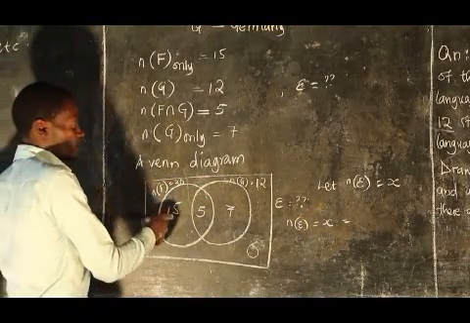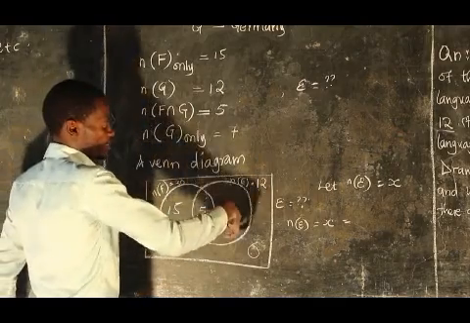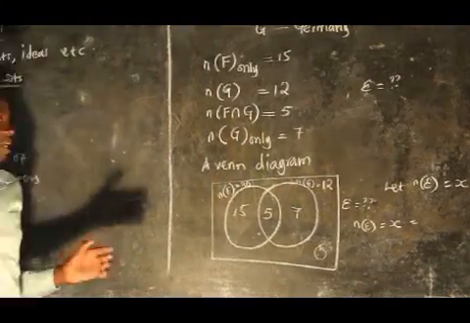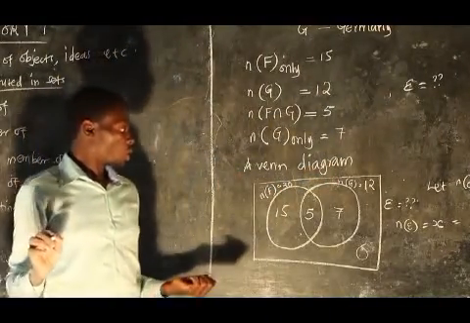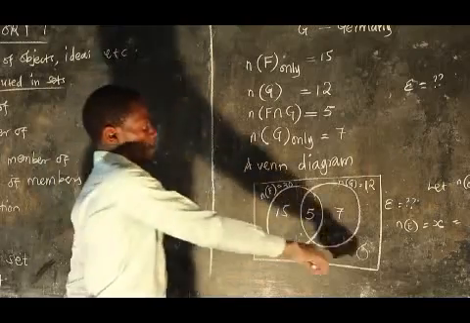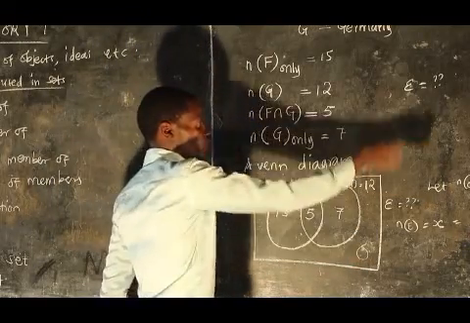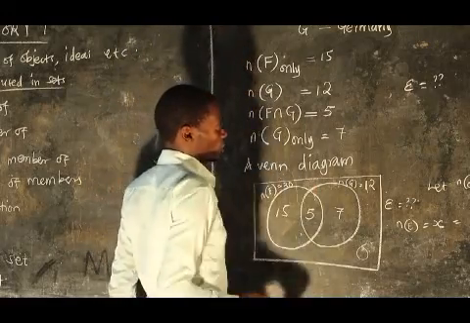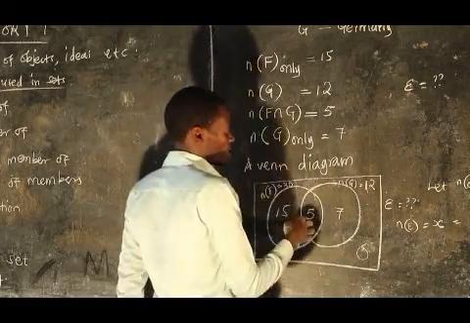You're going to add 15 plus 5 plus 7 plus 0, because 0 are those who do not study French and they don't also study German. But in this group, we have only those studying French and German. So we are going to add these ones and these ones.